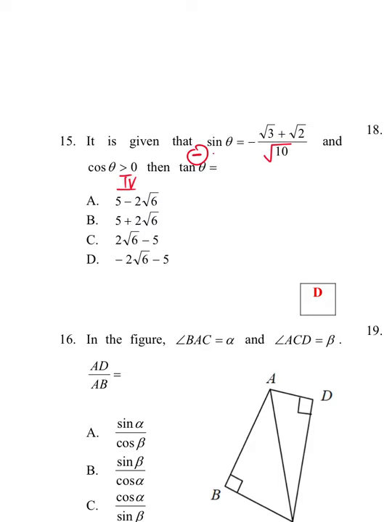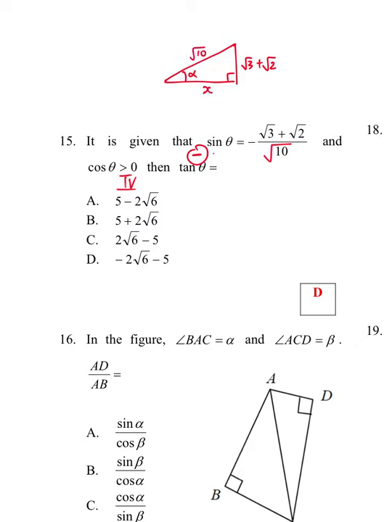Okay, so for the triangle, I'm going to use the reference angle, which means the angle is an acute one, using alpha instead of theta to avoid drawing the quadrant diagram. So sine alpha will be square root 3 plus square root 2 over square root 10.